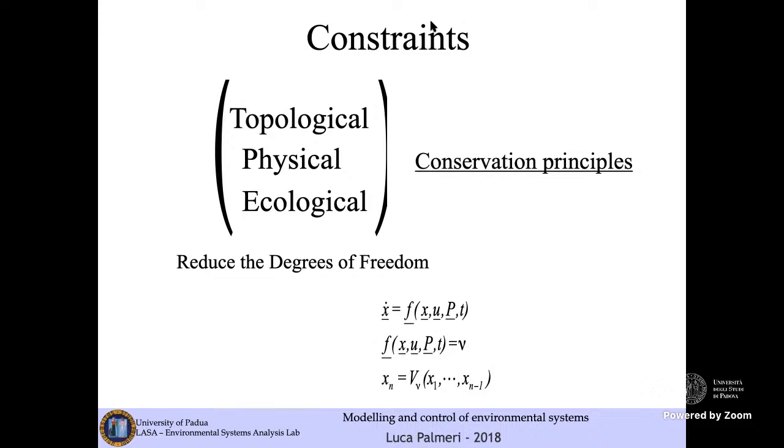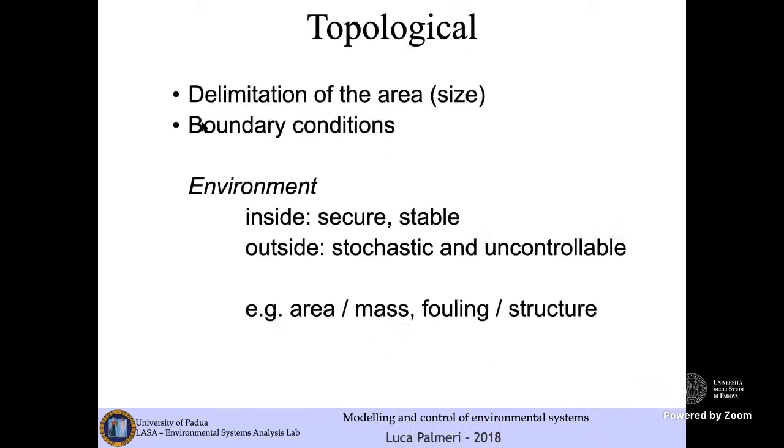We have already seen some examples of topological constraints. In particular, the first topological constraint that comes to my mind is the one that we obtained when we realized that ecosystems are bounded systems, in the sense that they show a delimitation of an area, so we may identify a size for the system, and that we may include boundary conditions in my description.